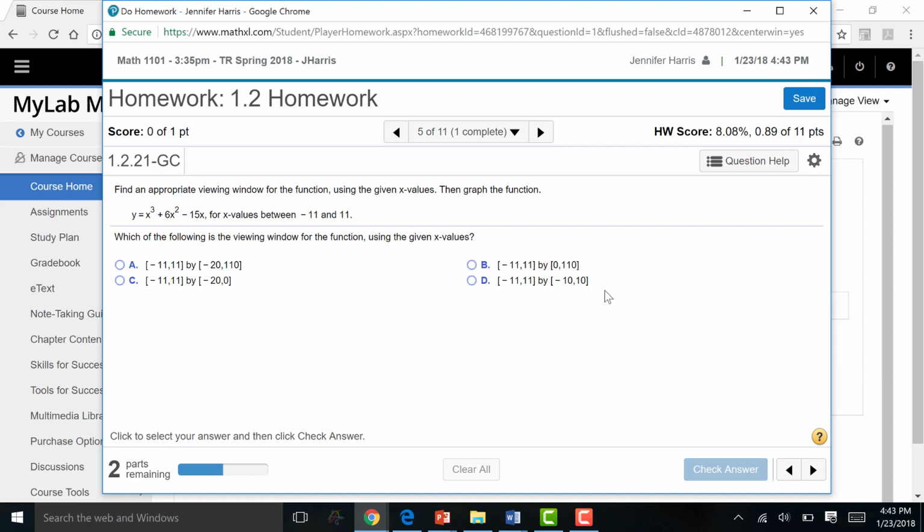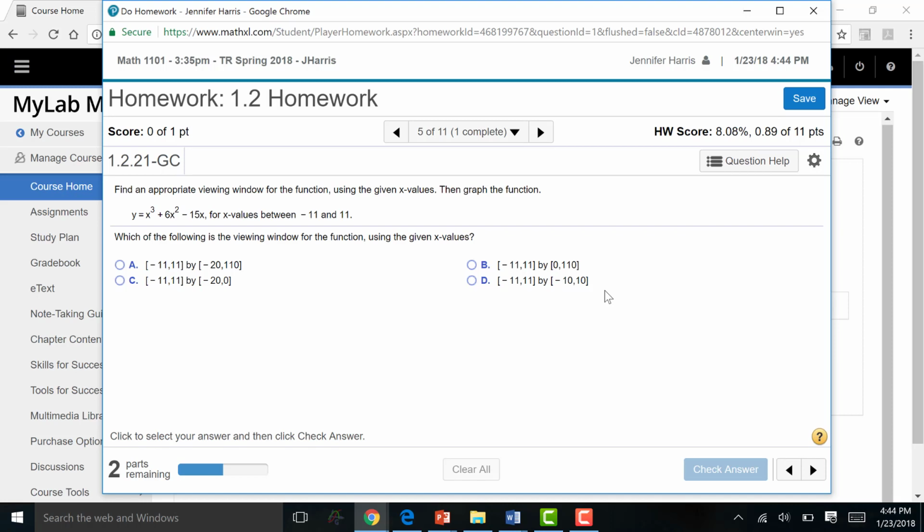You go over there and click on your little wrench, and it's going to tell you the x-axis needs to be this and your y. You're going to fill in these 2 slots from your wrench. The x-axis is going to be negative 11 to positive 11 in Desmos, so you can see what the picture is going to look like.